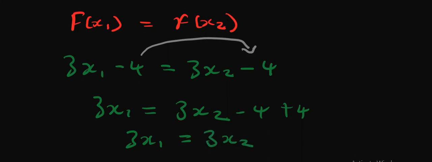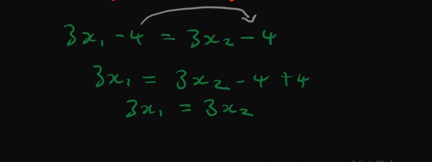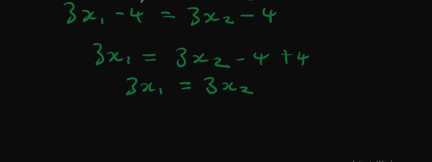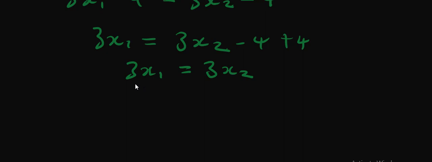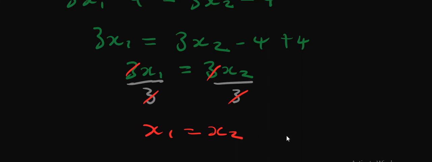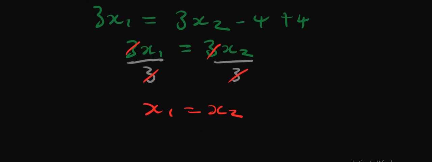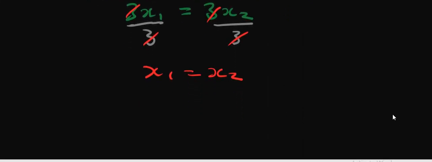Since we have that, what we are going to do next is divide throughout by 3. When we do that, you're going to observe that this 3 and that 3 will go. So our answer is x1 is equal to x2. According to our definition, for a function to be a one-to-one function, x1 should be equal to x2.